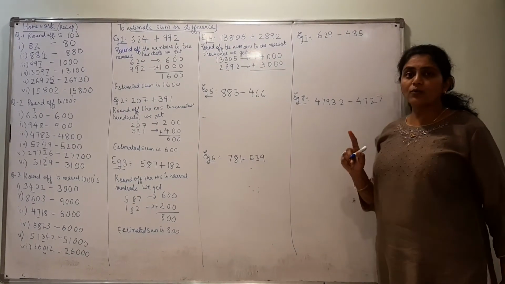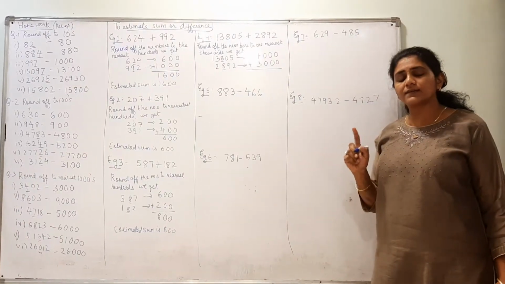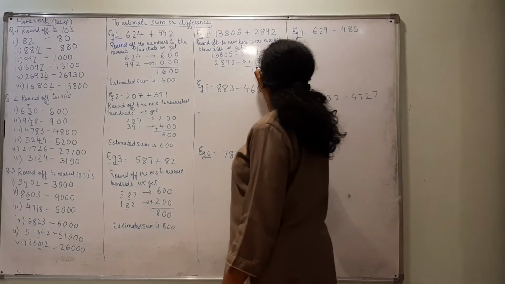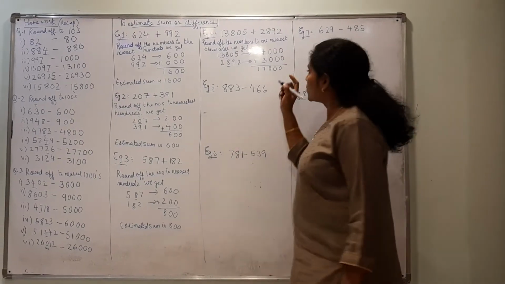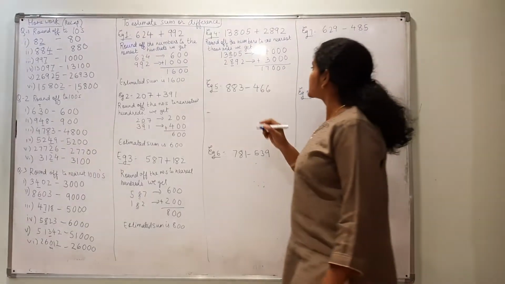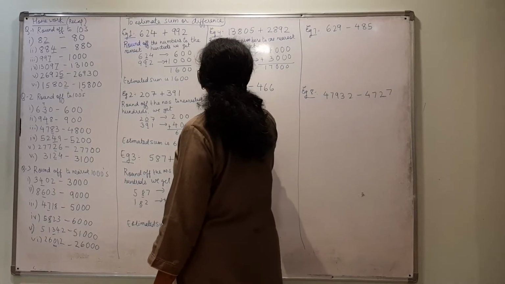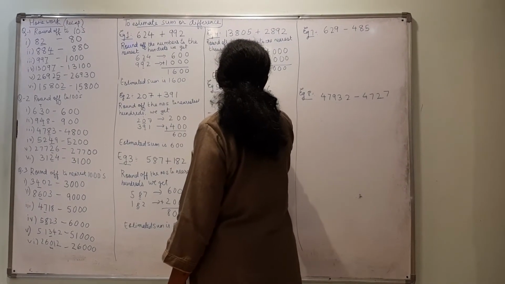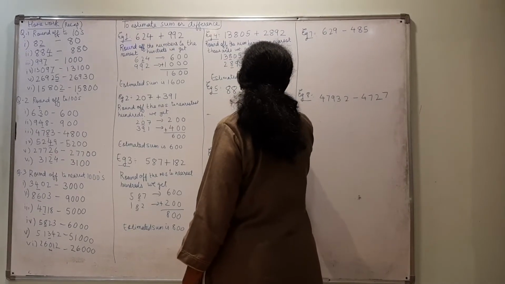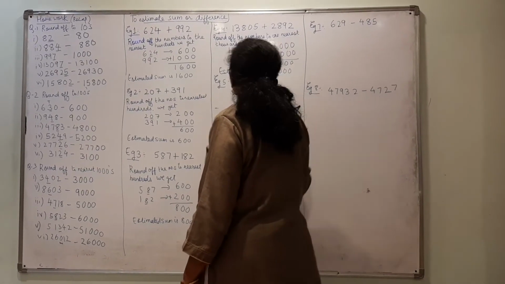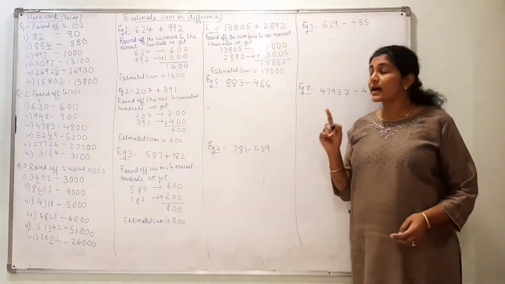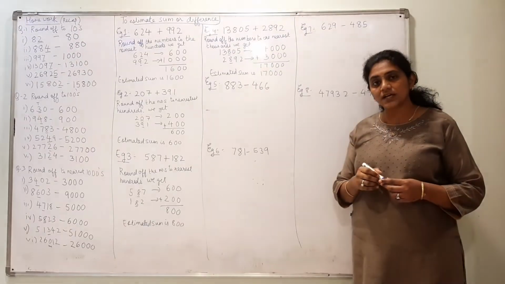So I have rounded off both the numbers to thousands. Now I will add. So your answer is estimated sum is 17,000. So these 4 examples I have discussed for addition.